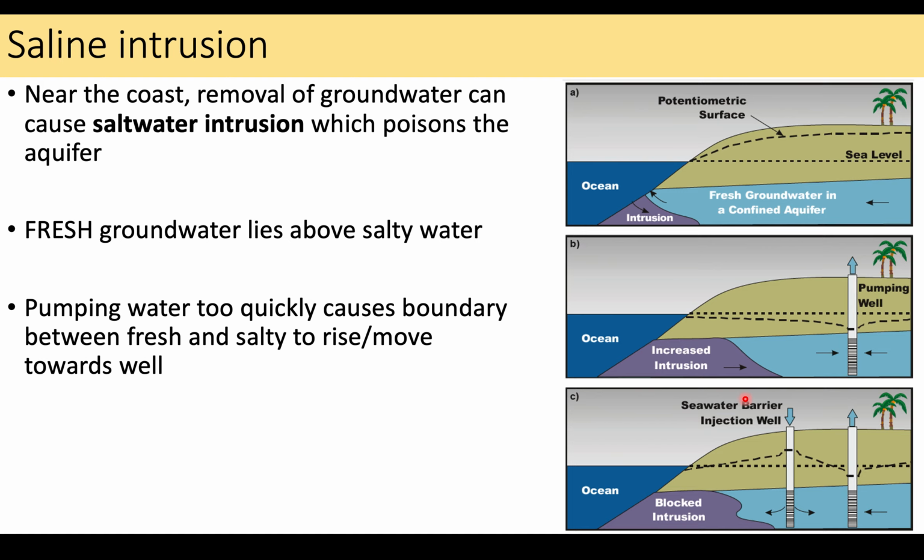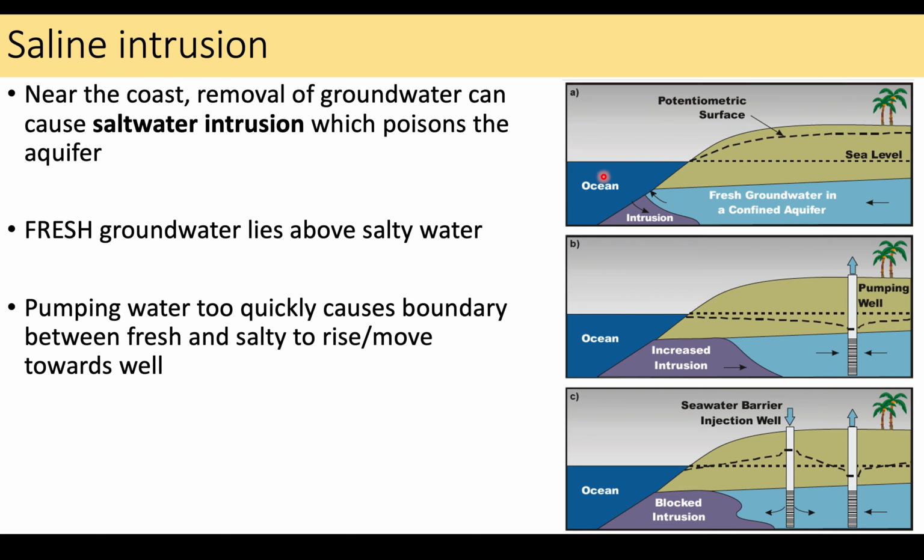Saline is saltwater. So where we have groundwater near the coast, removing that groundwater can cause what we call saltwater intrusion, which means saltwater is intruding into the aquifer, into the groundwater. So this can poison or ruin all of the fresh water.